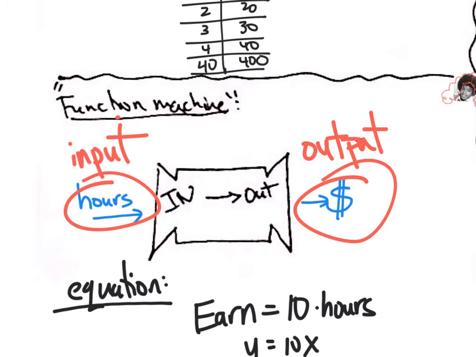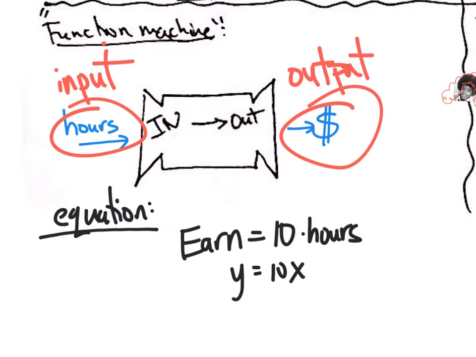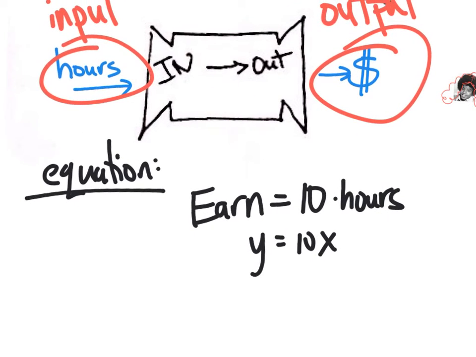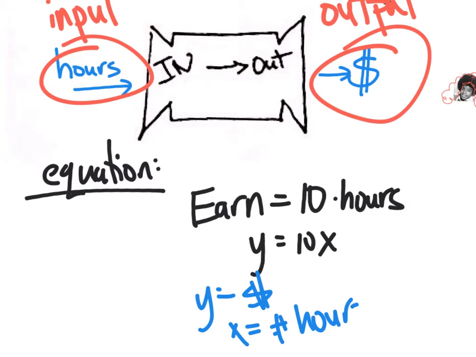So if we're writing an equation, it would be something like our earnings are equal to 10 times the number of hours we work, or if we wanted to put it in a form that looks more familiar to us, y equals 10x, and then we might do something like define the variables. Y equals amount of money made, and x equals number of hours worked. Just to be specific.